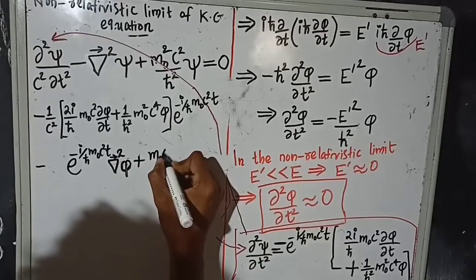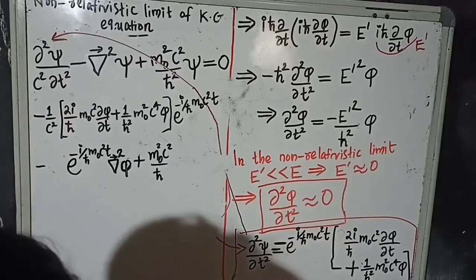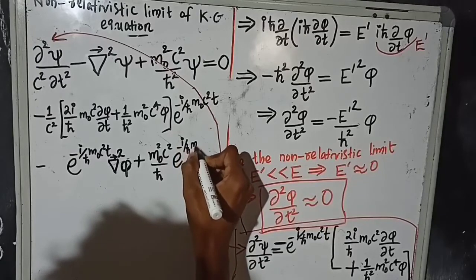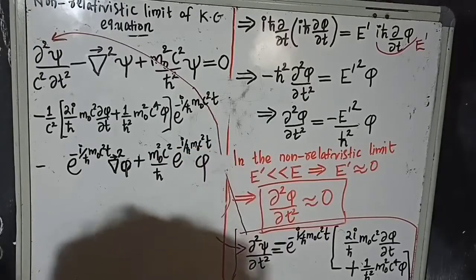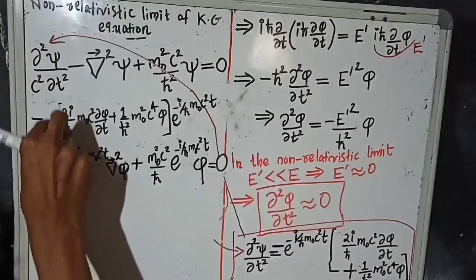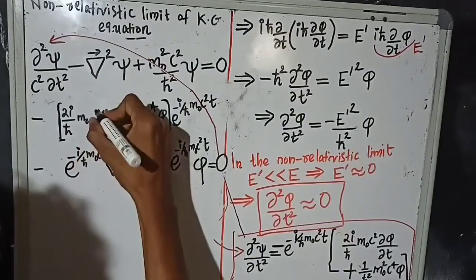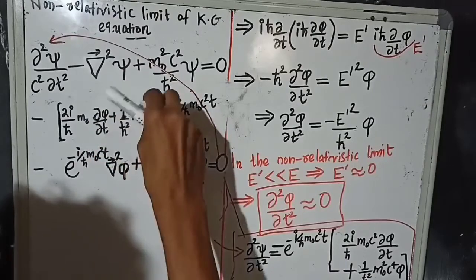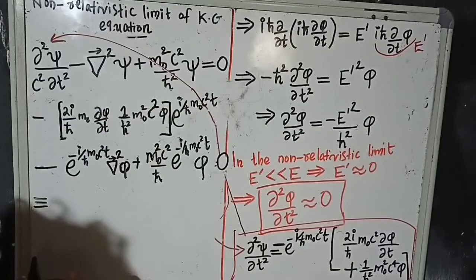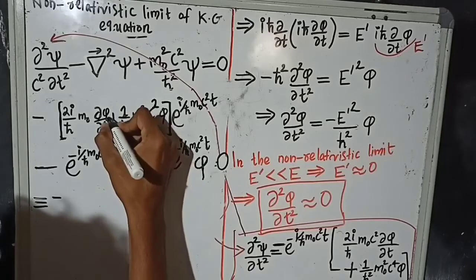Plus m0²c²/ħ² e to the power minus i/ħ m0 c² t times φ equal to 0. Let me take this c² inside the bracket. This gives m0² c⁰, m0² c².